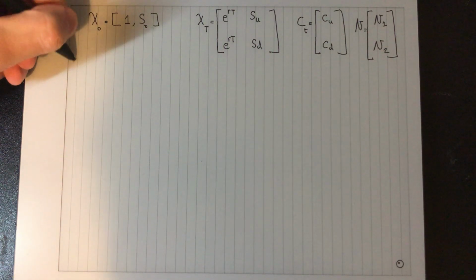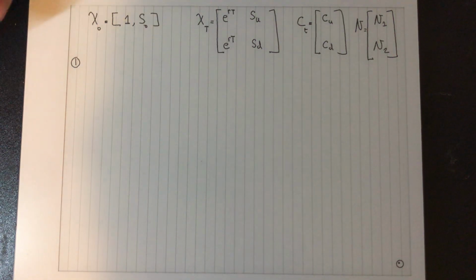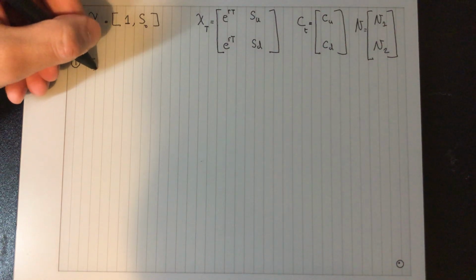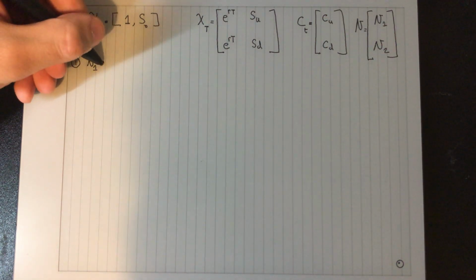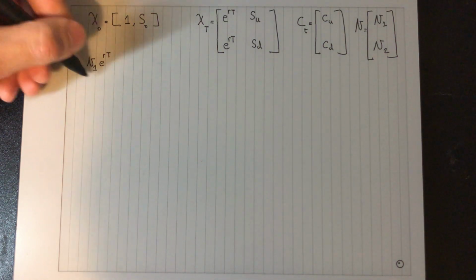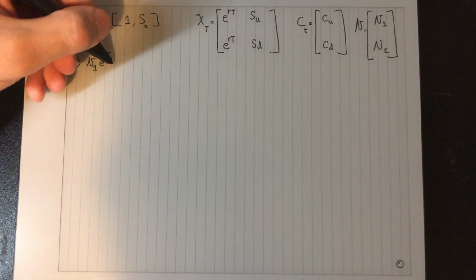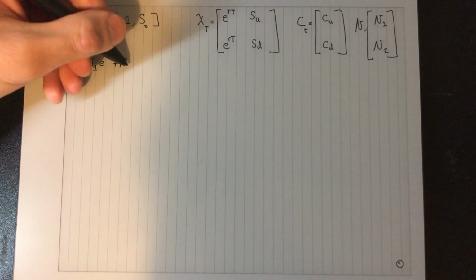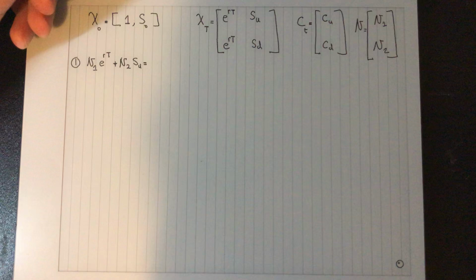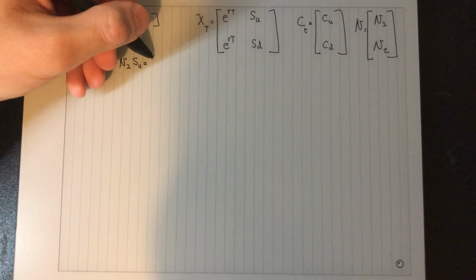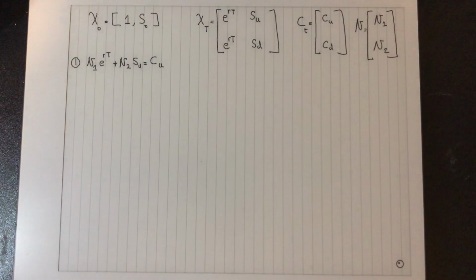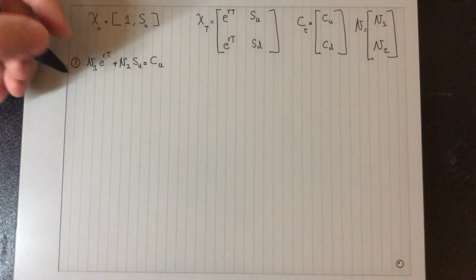So our first equation will be in the upward payoff. So in the upward payoff, we have N1 multiplied by e^(RT), so the weight of the bond multiplied by the payoff, plus N2, which is the weight of the stock, multiplied by the stock in the upward state of nature. And we want to set that equal to the value of the call option in the upward state of nature.